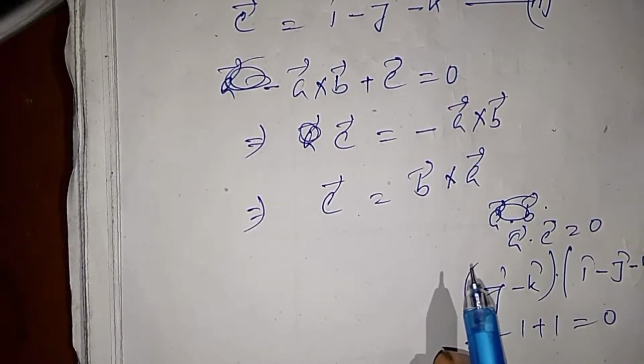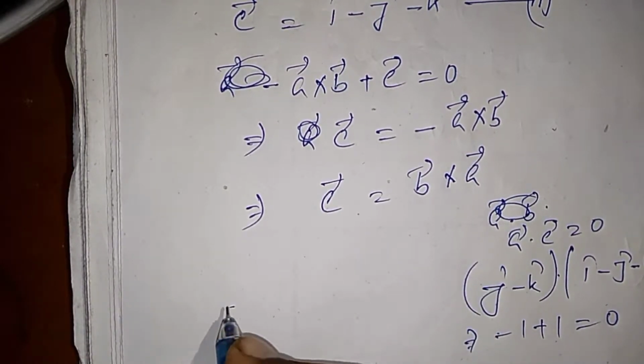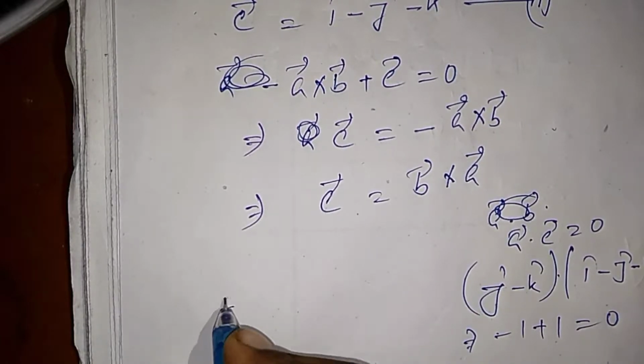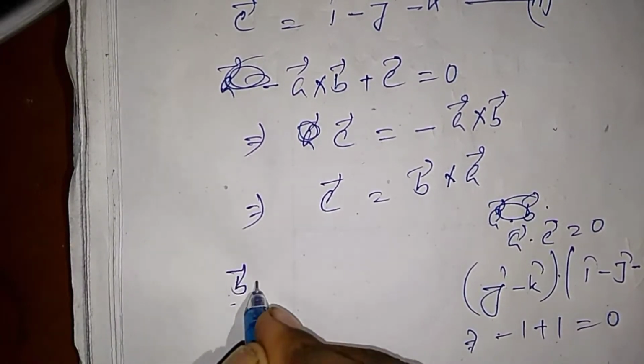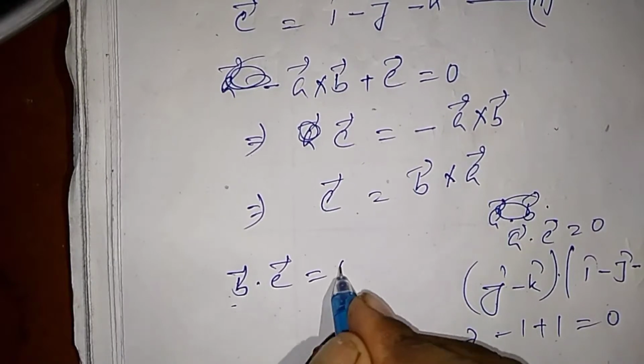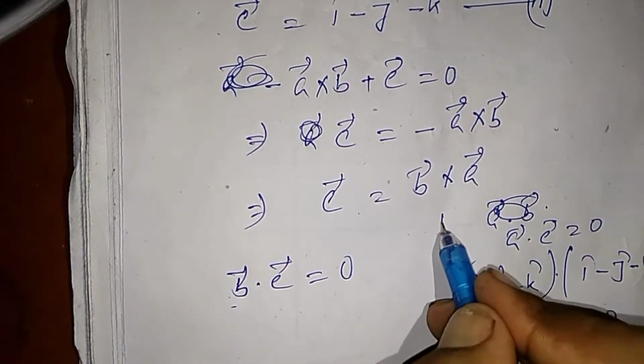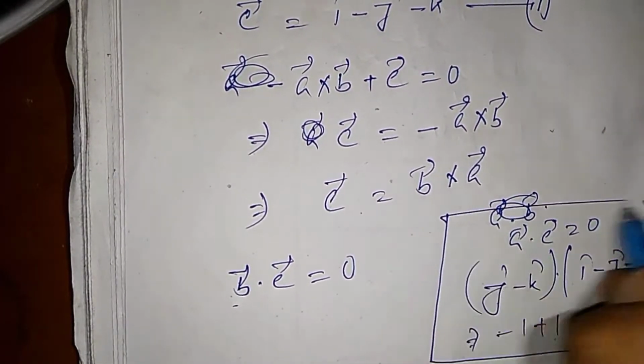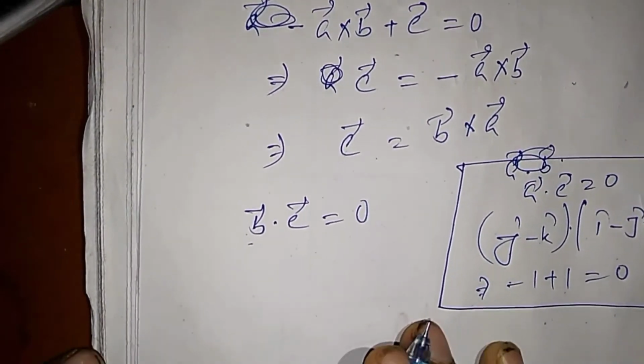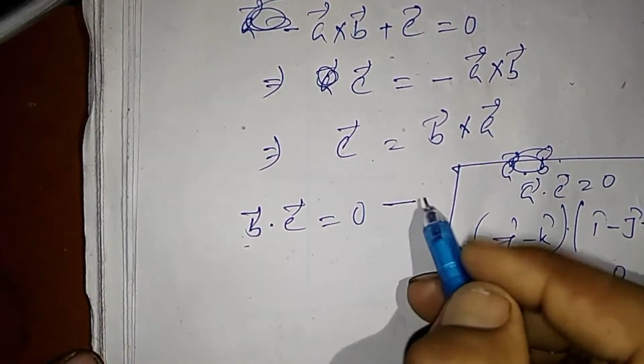Equally, vector C and vector B are perpendicular, so vector B dot C equals 0. We find it from this one. I call it equation 3.